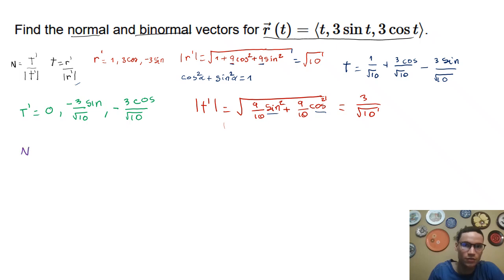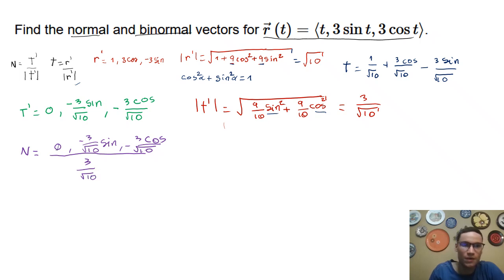Okay, the normal vector will basically be equal to 0, all of this, minus 3 divided by the square root of 10 sine, here minus 3 cosine divided by the square root of 10, divided by 3 divided by the square root of 10.